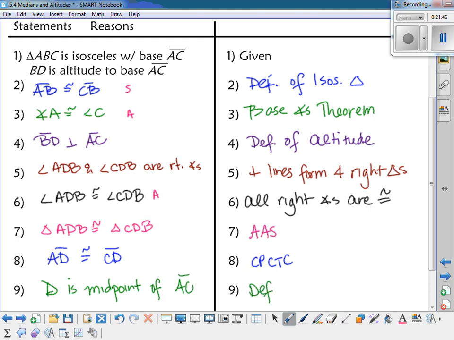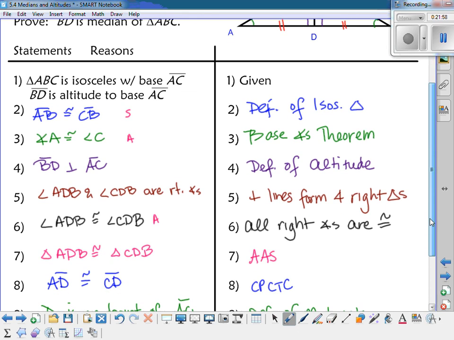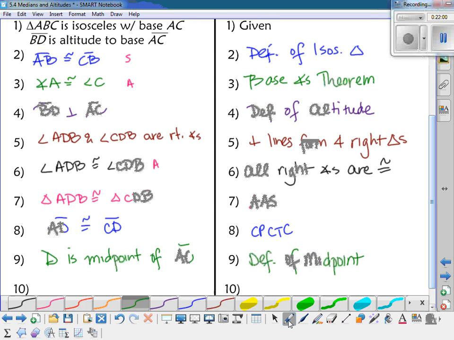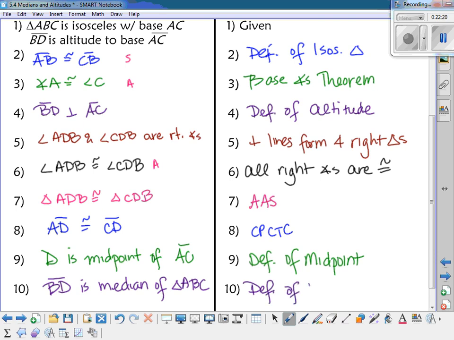That's what it means to be a midpoint, the definition of midpoint. So now I've said that D is the midpoint, and so that's all I need to say in order to be able to conclude that BD is the median, because it's going from the vertex to the midpoint, by the definition of median.